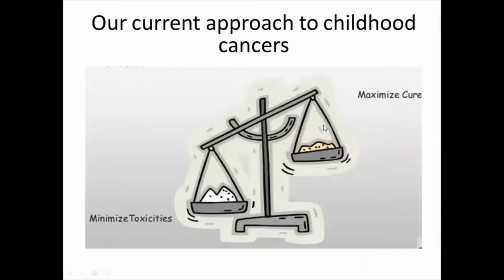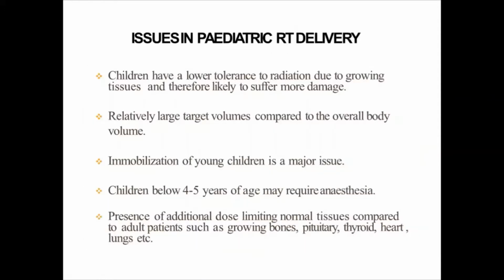So what should be our current approach to childhood cancers? Obviously to maximize the cure and to minimize the toxicities as much as we can. What are the issues in pediatric radiation therapy delivery? Children have a lower tolerance to radiation due to growing tissues, and therefore they are likely to suffer more damage.